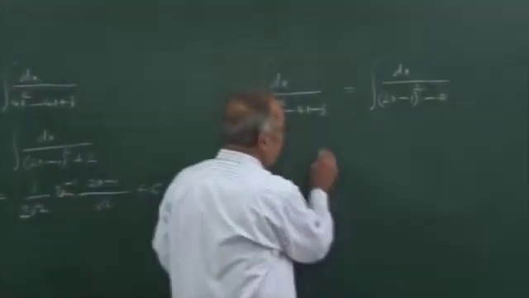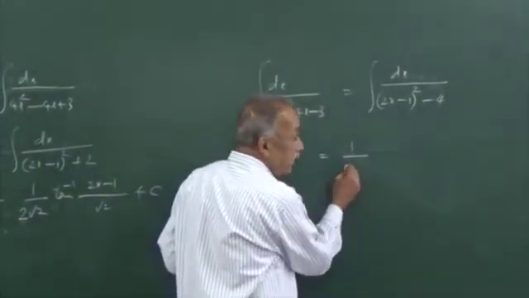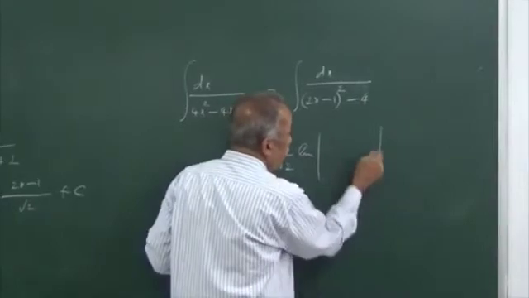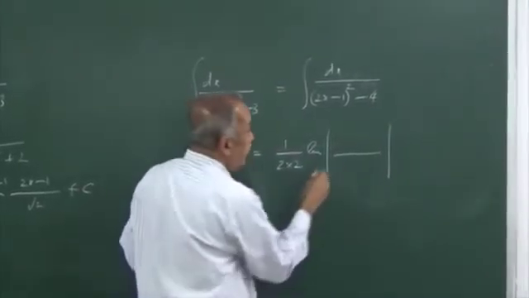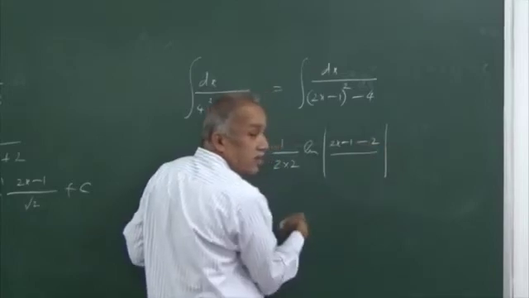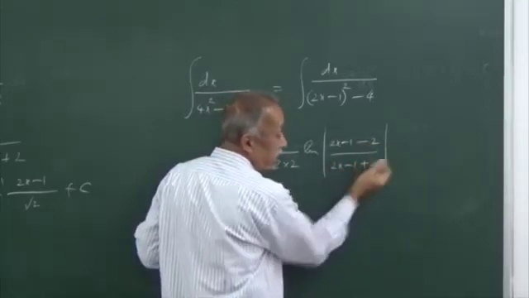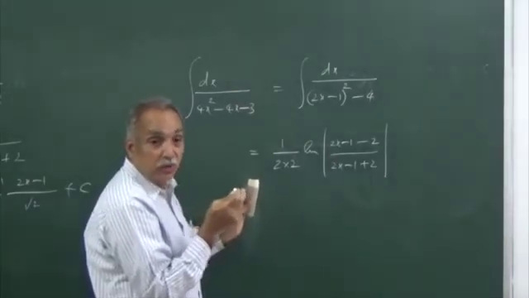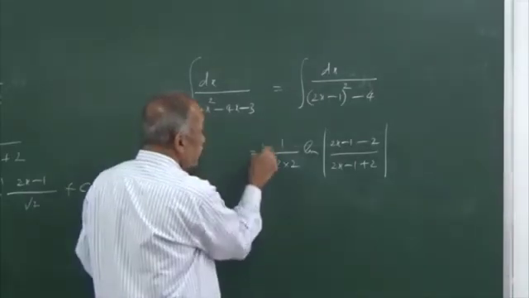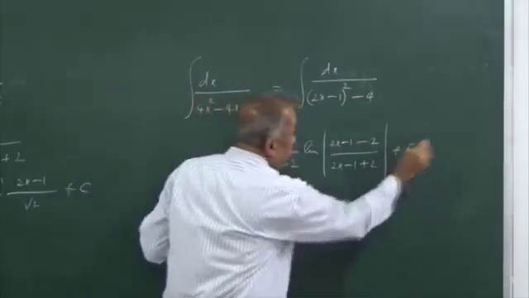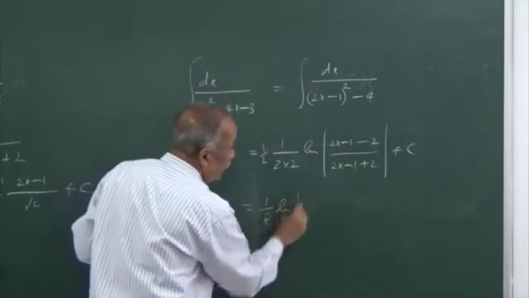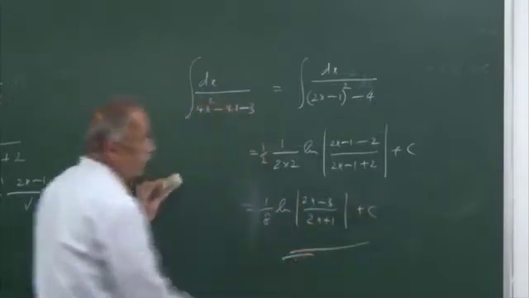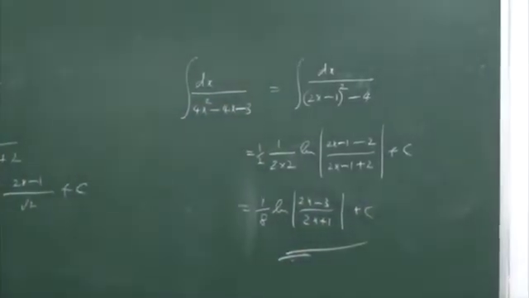So for this, the integral will be 1 by 2a log mod of x minus a by x plus a, where x is this, and without forgetting, the whole thing must be divided by the coefficient of x. Agreed.